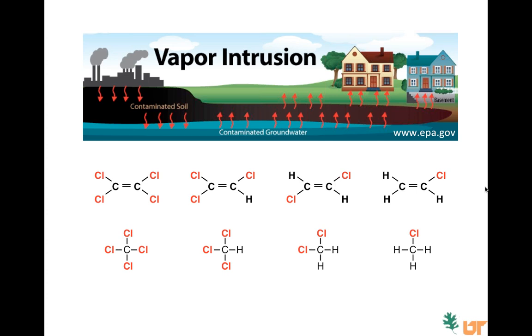This will not happen with polychlorinated biphenyls because they sorb and are not volatile. But these smaller chemicals with lower degree of chlorination, they can volatilize and cause issues known as vapor intrusion.